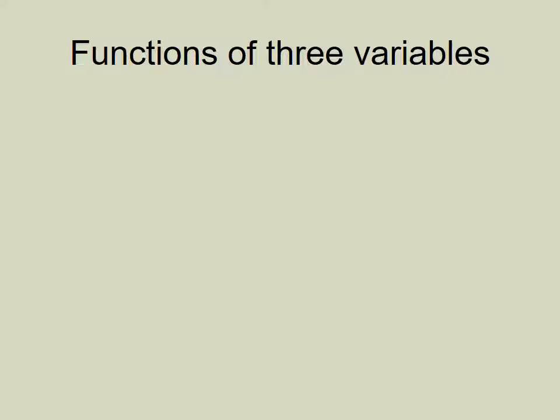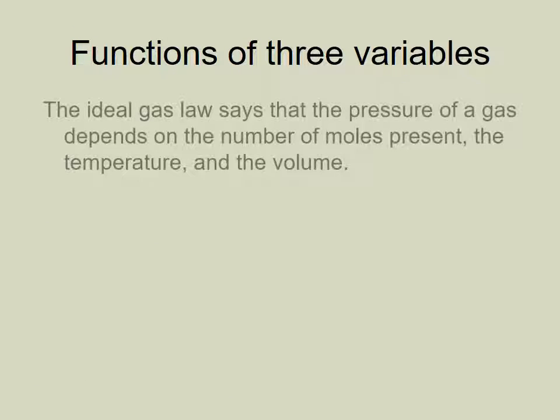How about things that are functions of three variables? If you've been in chemistry class, you've probably seen the ideal gas law. The pressure of a gas can be written in terms of the moles, the temperature, and the volume.